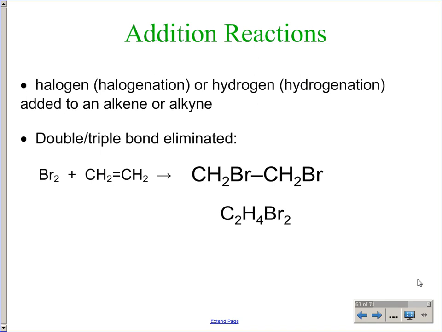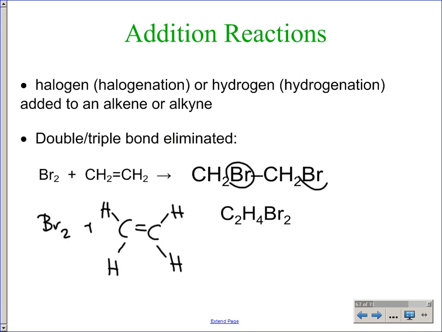You've got your bromine gas, which is diatomic, which is why it's Br2, and then you've got a double bonded carbon chain here. And what happens is the double bond will be broken, and you'll end up with CH2, and the bromine has broken apart and been added to each side.